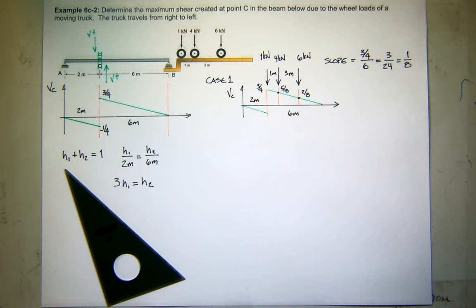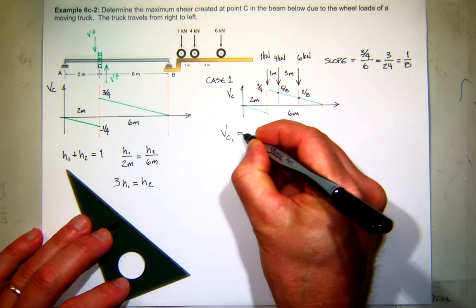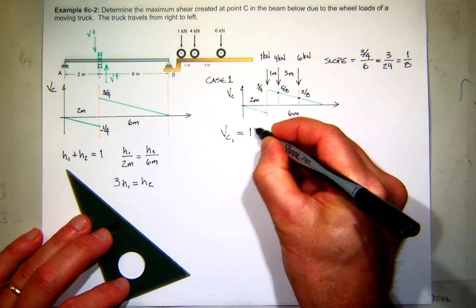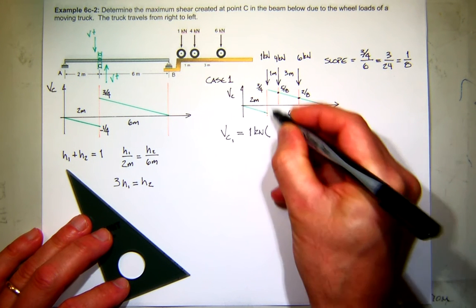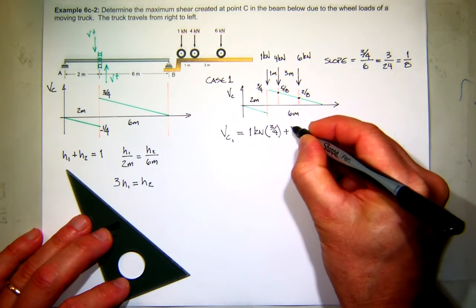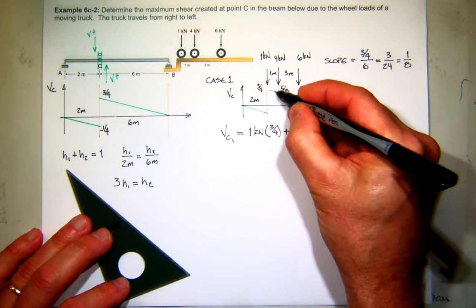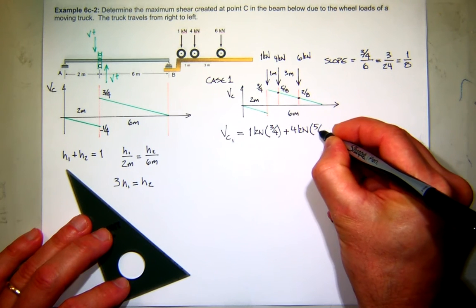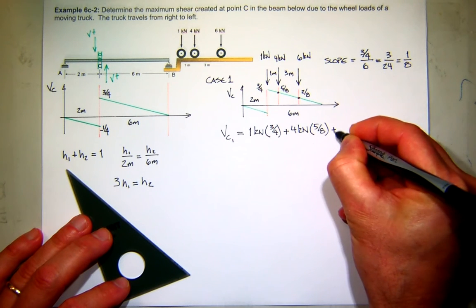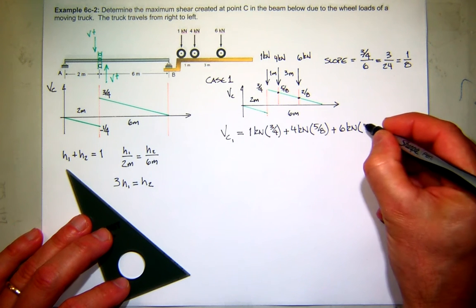So now with all the pieces, it's really easy to say that the shear at C for case 1 will be 1 kilonewton times 3/4 plus 4 kilonewtons times 5/8 plus 6 kilonewtons times 2/8.